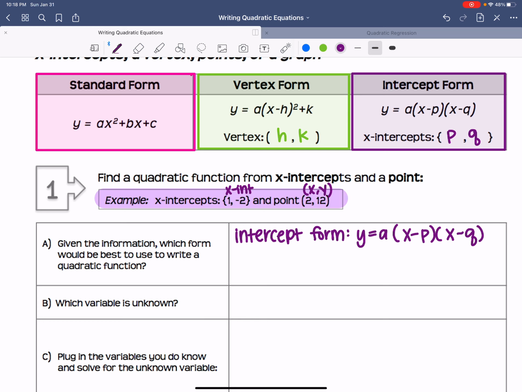If I were to fill in this information, y is 12 equals, we don't know a, so that's our unknown value. But we do know our x value is 2, so I'm going to plug in 2 for both of these x's.